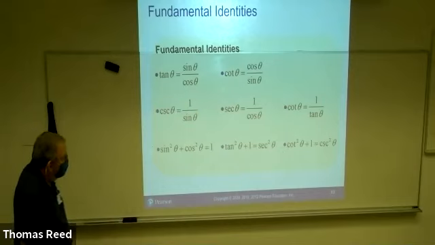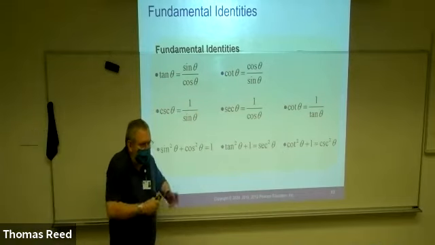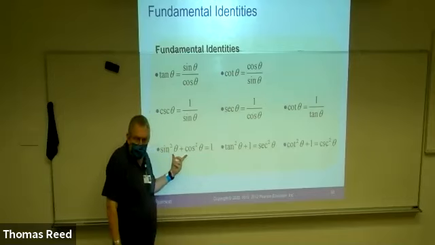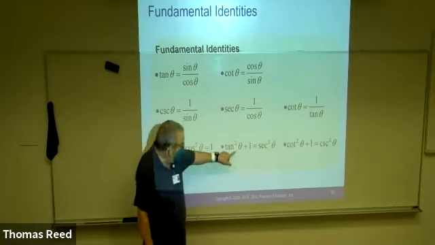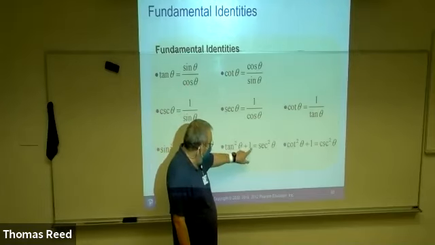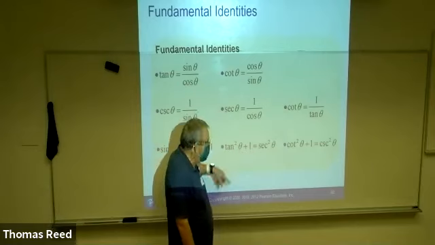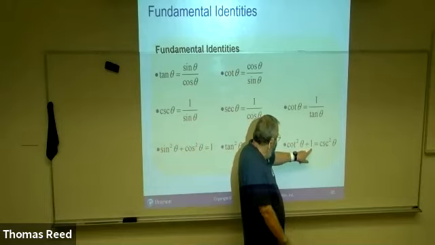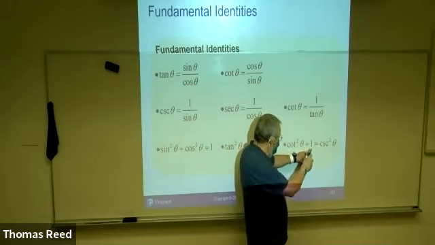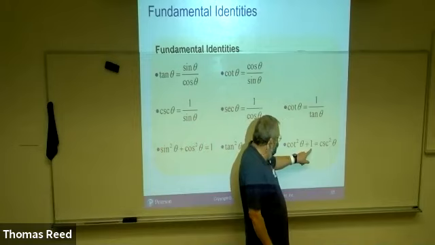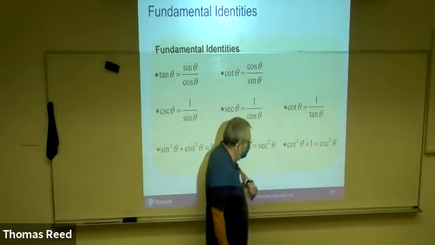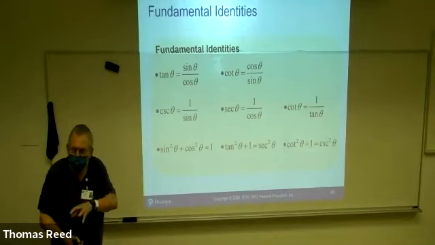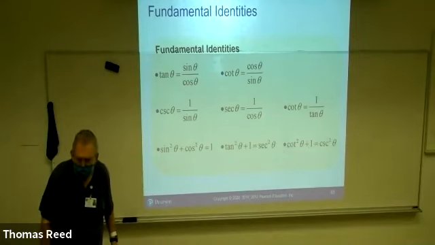If I have an equation that has 1 in it, I can replace 1 with this. Or I can solve for 1 here and replace 1 with secant squared minus tangent squared. Or I can replace 1 with this and say it's cosecant squared, and I can solve for 1 here and do cosecant squared minus cotangent squared. It all depends upon what's in the trig identity that you're supposed to solve.